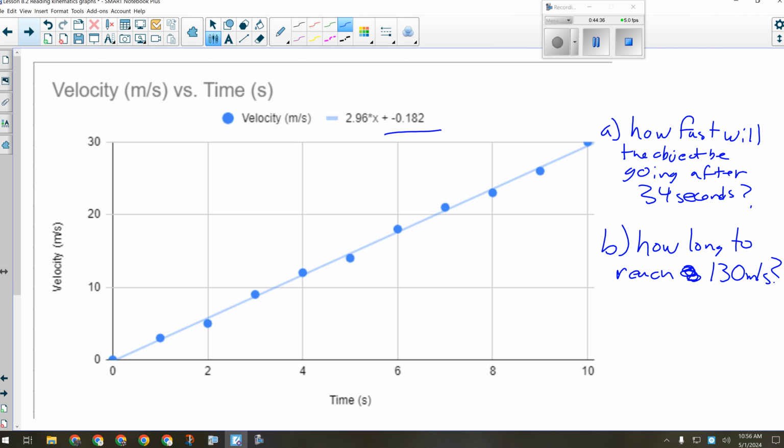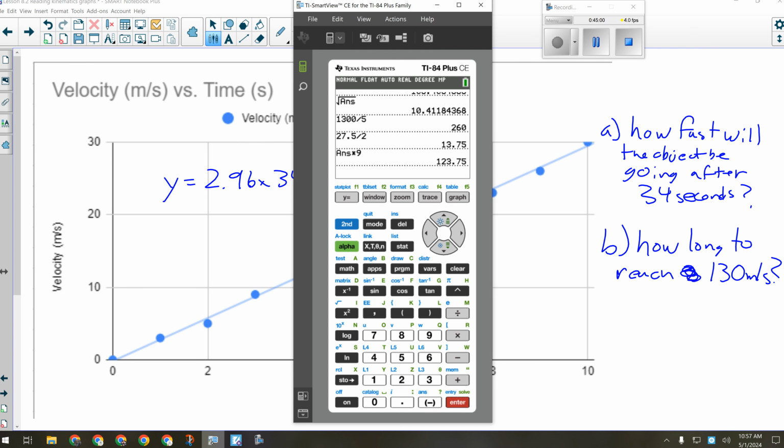So if I'm wanting to solve part A, how fast will it be going after 34 seconds, they gave me x. They told me the acceleration, and this is vi. So all I have to do is go y equals 2.96 times 34 seconds, plus negative 0.182, and I will have my final velocity.